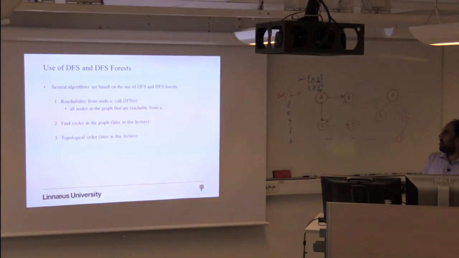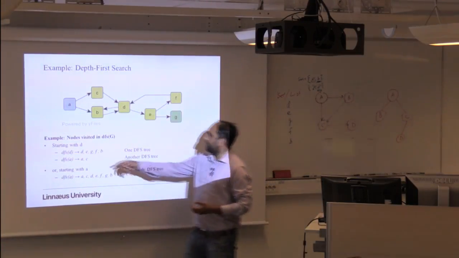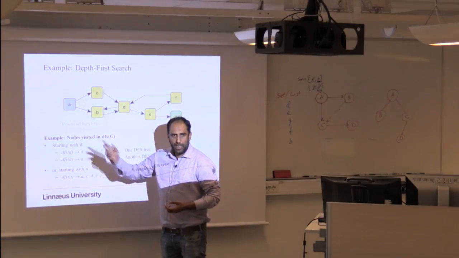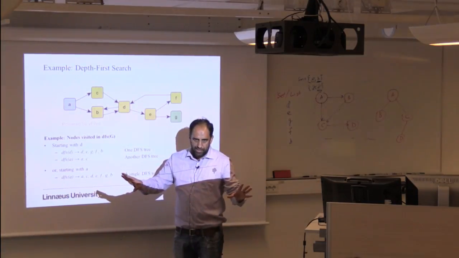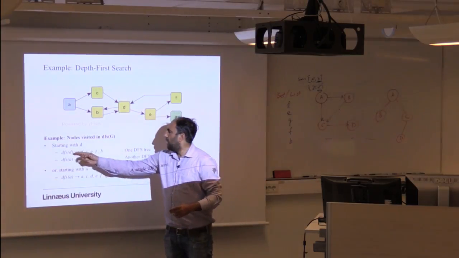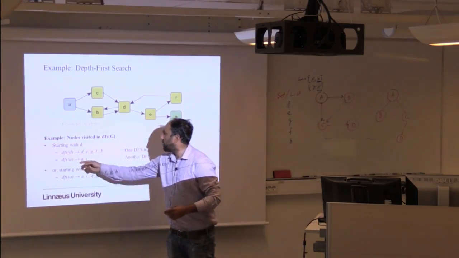Okay, so now the question comes, why is this depth first search algorithm important, and what is the DFS forest? It's when you use the depth first search algorithm again and again to traverse all the different nodes. In that case, you get different trees. So here we get one depth first search tree, D, E, G, F, and then you get another.